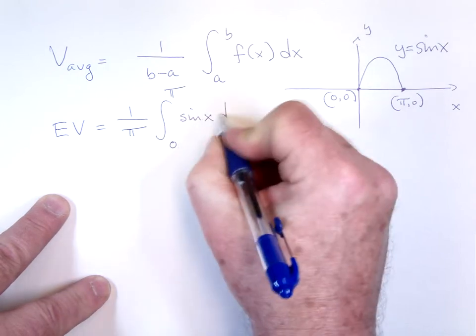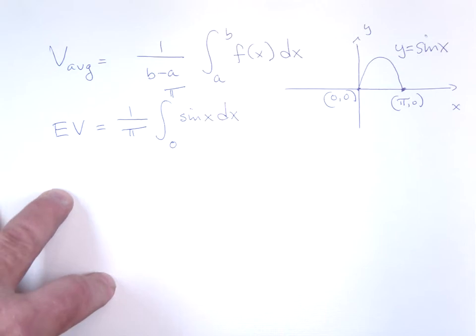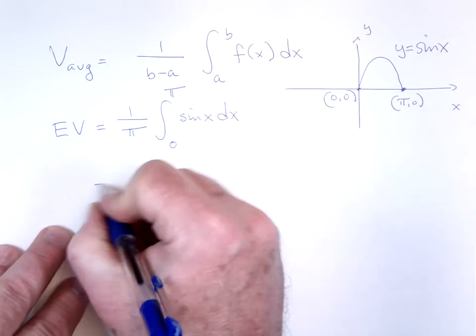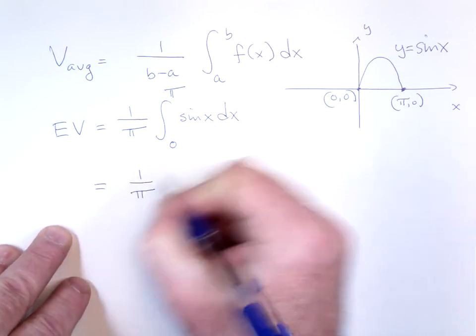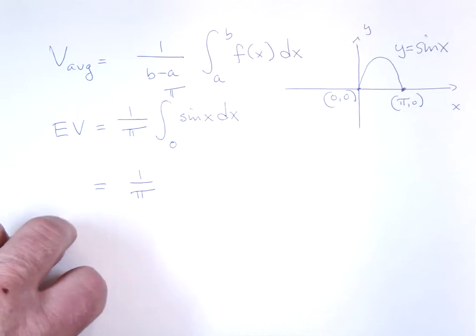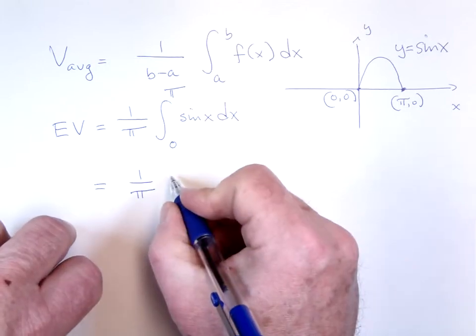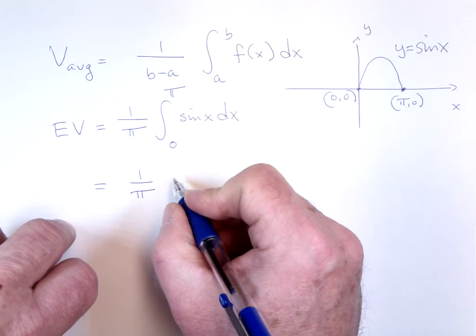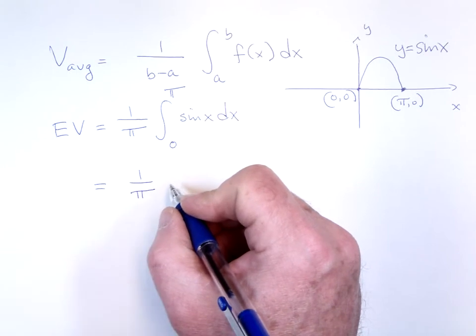It's called the effective voltage. That's 1 over pi. What's the integral of sine? Minus cosine. Negative cosine, opposite of cosine.